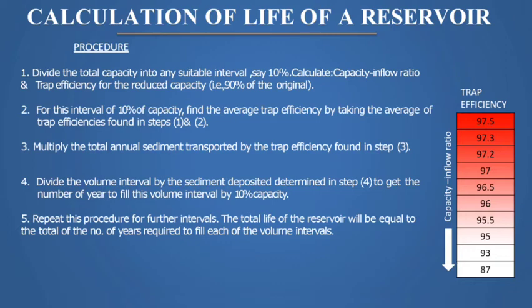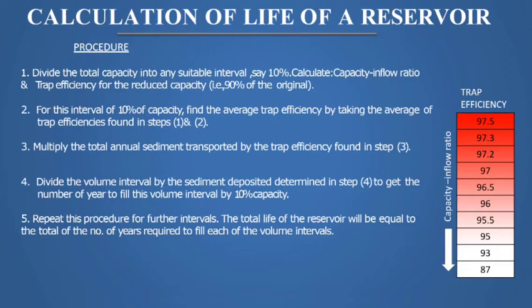For the range from 100 to 90, we find the average trap efficiency. That will be the trap efficiency of that range. Then we multiply the average trap efficiency by the total annual sediment to find out what amount of sediment will be deposited. Then what do we do?